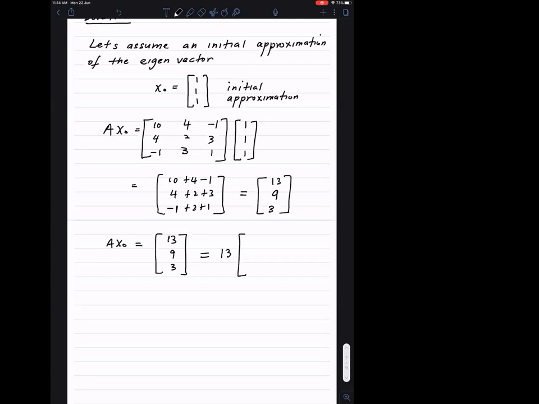Factor out the 13, then you get 1.0, 0.69230, 0.23076. So when you do this problem, you want to keep at least 5 decimal places for accuracy.